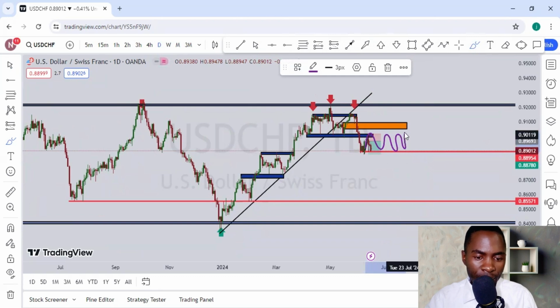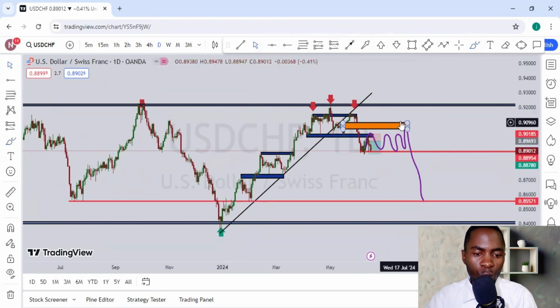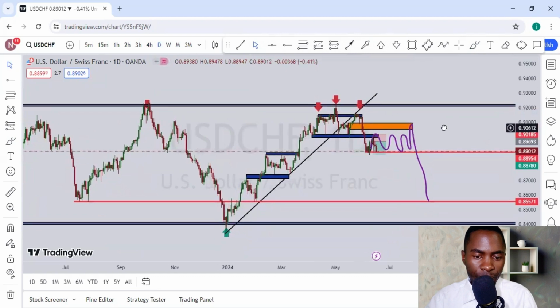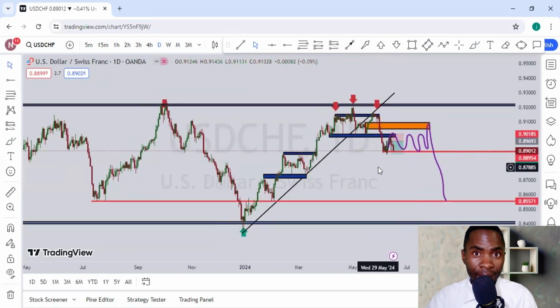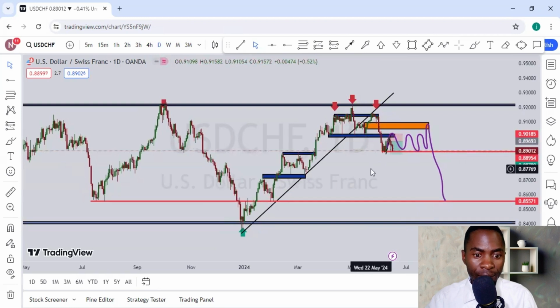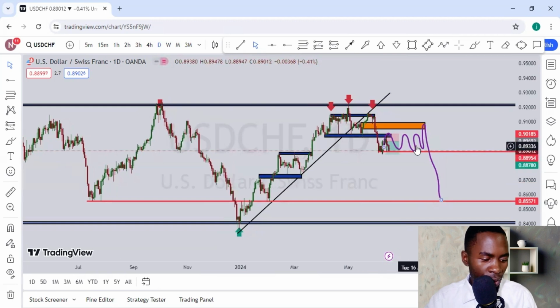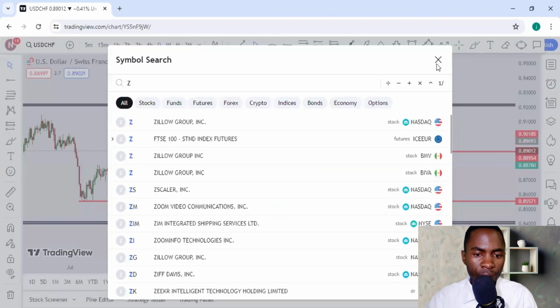Then immediately the market went to my yellow box, hit my yellow box, removed all the stop losses below, then directly came to my take profit within a single day. Now, this is what I am fearing. So in that case, I'm not going to take this USD CHF yet.